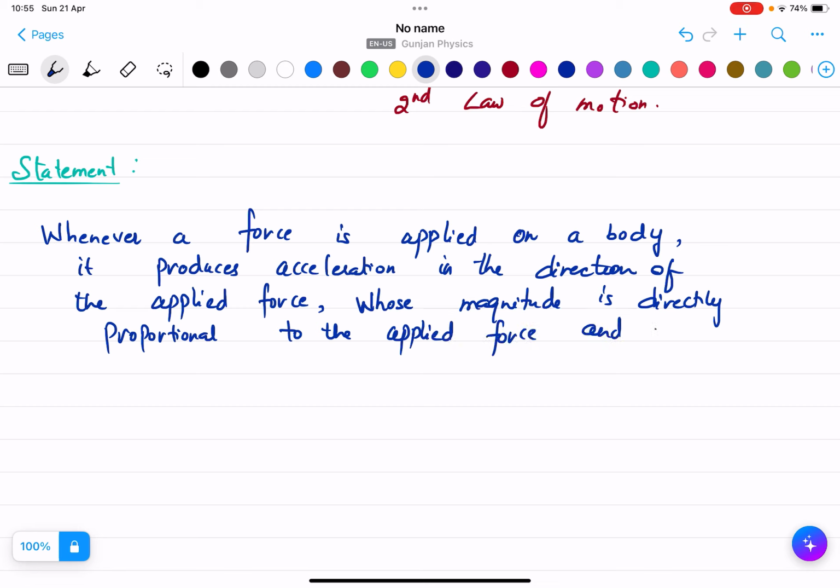And inversely proportional to mass, as I explained above. So proportional to the applied force and inversely proportional to the mass.